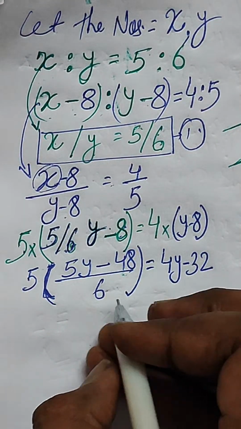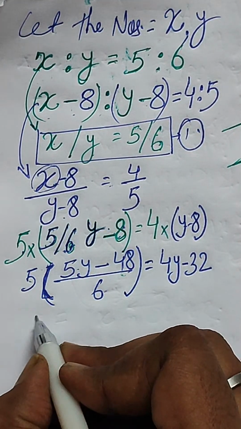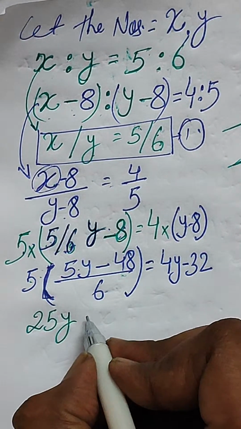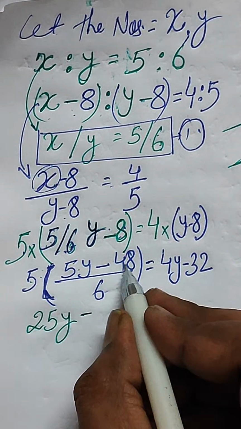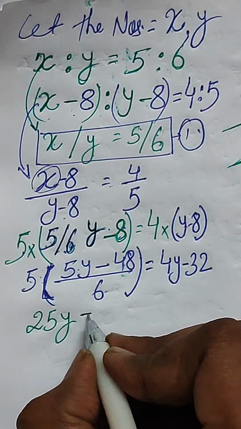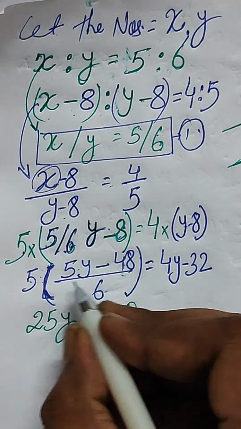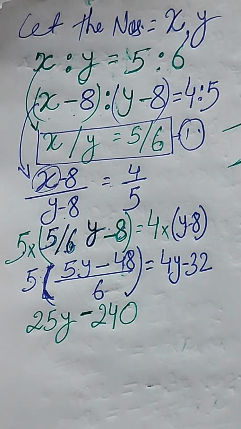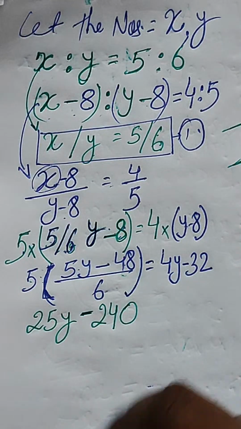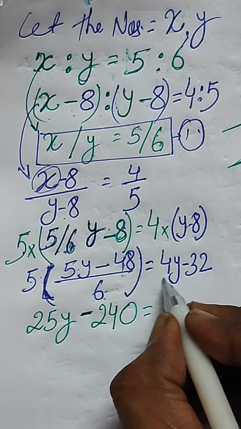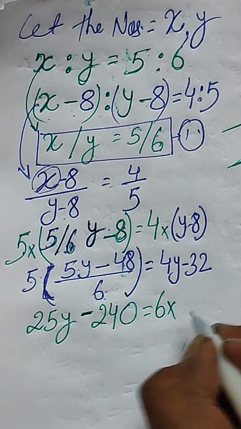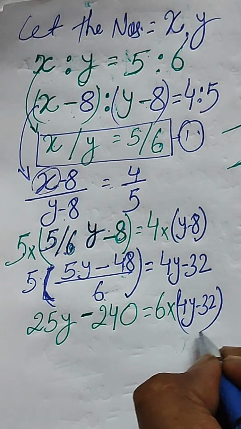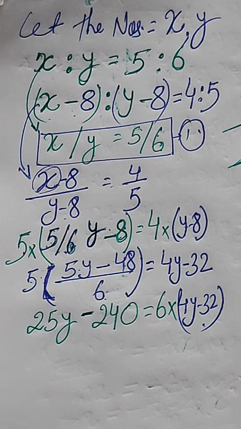So this will give you 5 into 5 will be 25y, and 5 into minus 48 will give you 240, right? 5y minus 240, which is equal to 6 times 4y minus 32. So 6 will be multiplied with 4y minus 32, right? Is it okay?